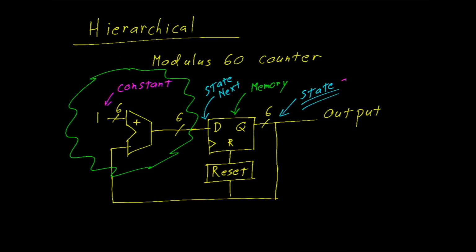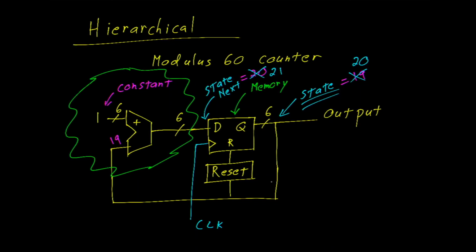For example, if state is equal to 19, that means a 19 will appear here. 19 plus 1 is 20, so our state next is 20. On the rising edge of clock, the state next values will be transferred over to the state values, which means this will now become 20, and of course this will become 21.